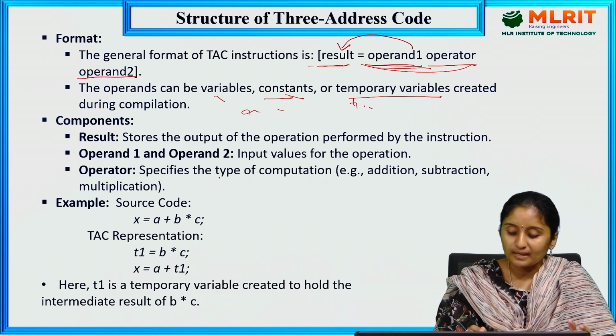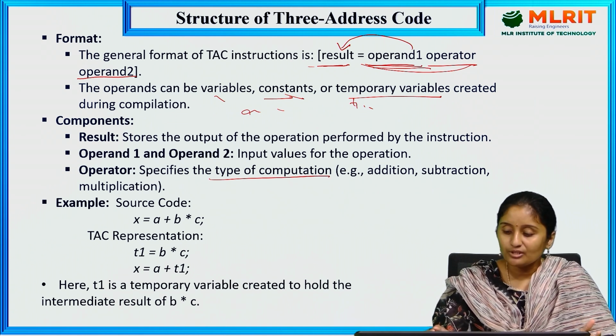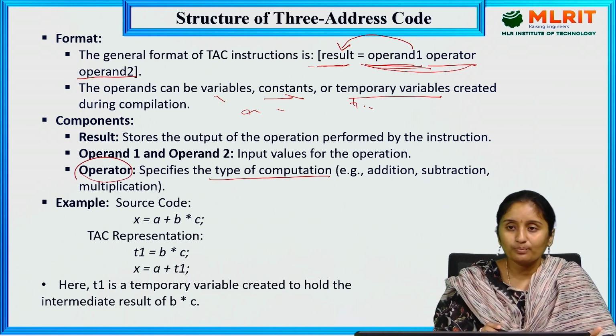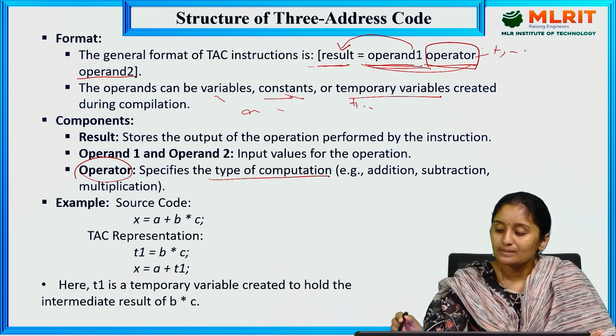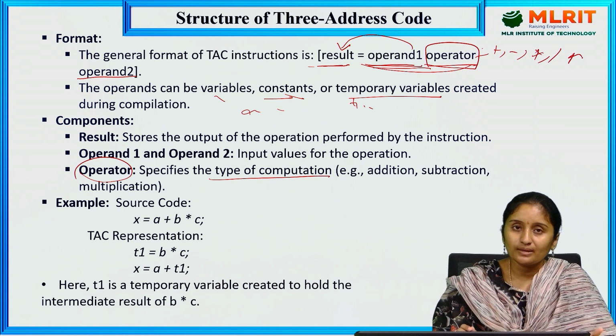Operator is the type of computation you want to do. If I want to do addition, then I give the plus operator. If I want to do subtraction, I give the minus operator. So it is the type of operation that should be done. It can be plus, minus, multiplication, division, power, any operator.